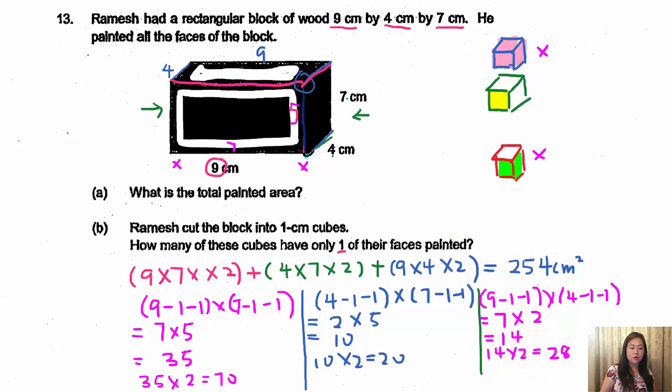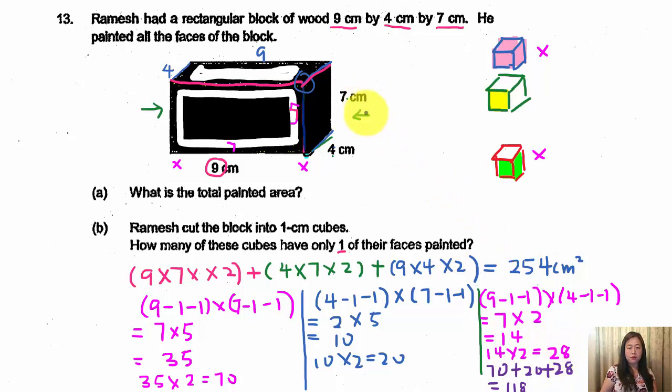So to find the total number of cubes, it will be equals to 70 plus 20 plus 28, which will become 118 cubes.